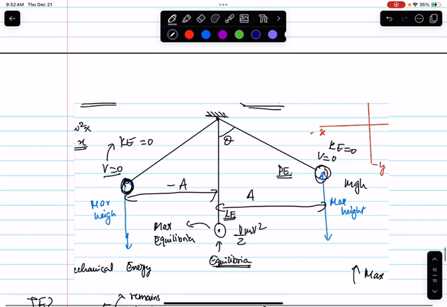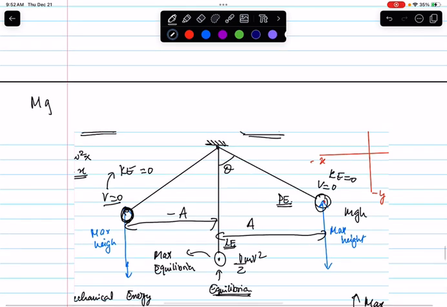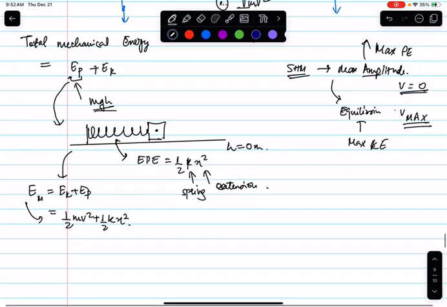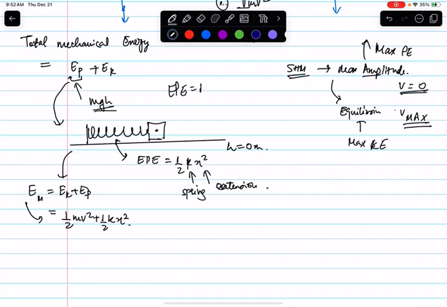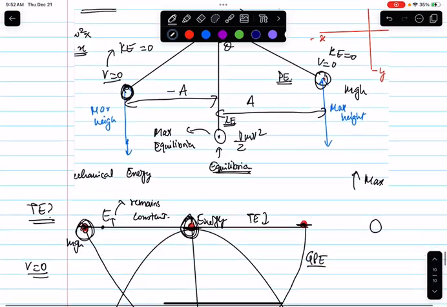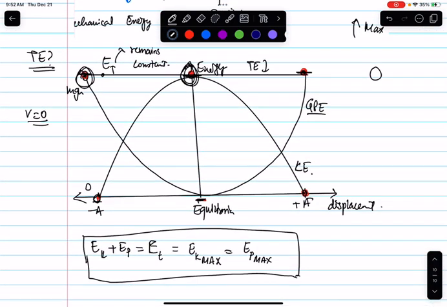In this case, the potential energy does not always have to be mgh, because in a mass spring system you can have elastic potential energy, which is 1/2 kx squared. The intuitive way to think about this graph is to imagine a pendulum movement.